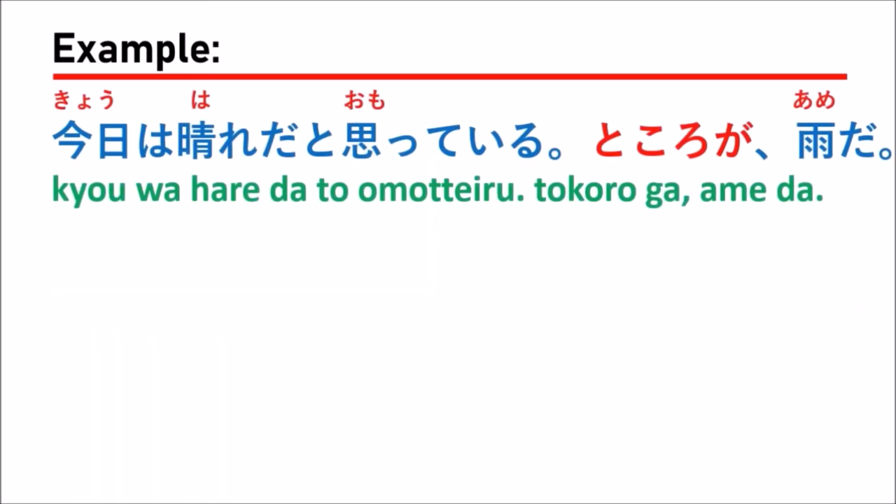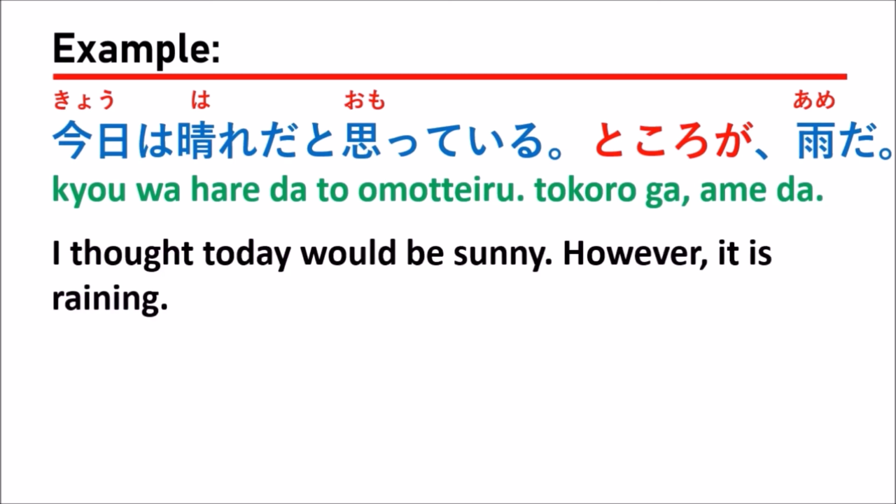今日は晴れだと思っている。ところが雨だ。Which means I thought today would be sunny, however it is raining. Here, our expectation is 今日は晴れだと思っている, which means I thought today would be sunny.